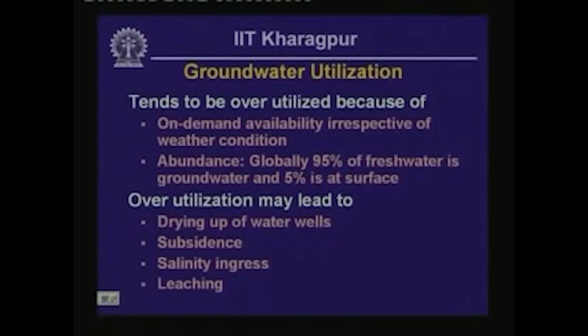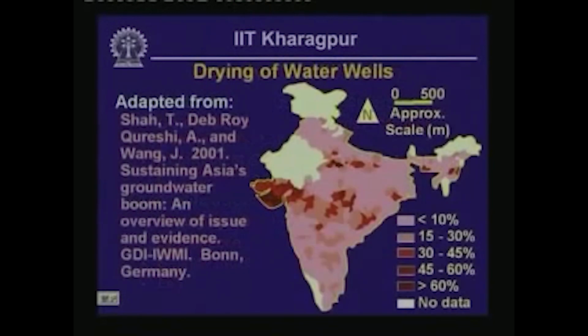We are going to look at all these issues, which are of particular relevance in the context of the Indian scenario. The first aspect that we are going to consider here is drying up of water wells.